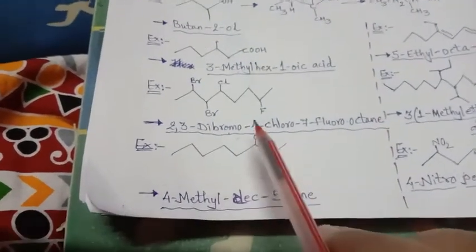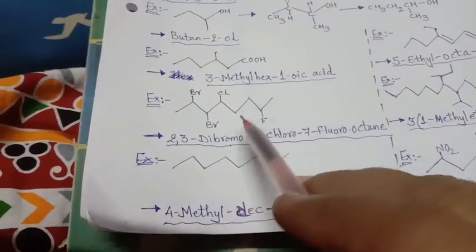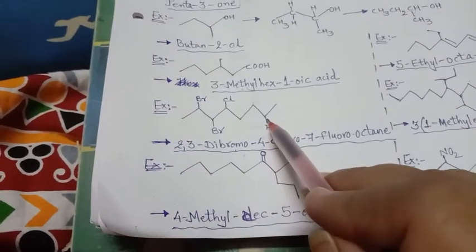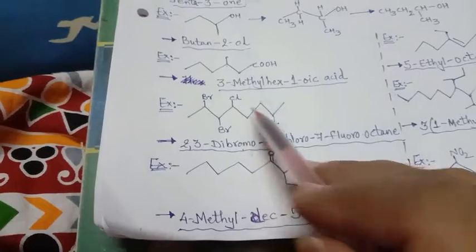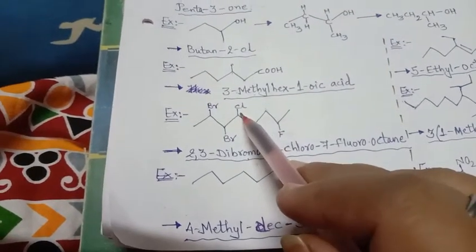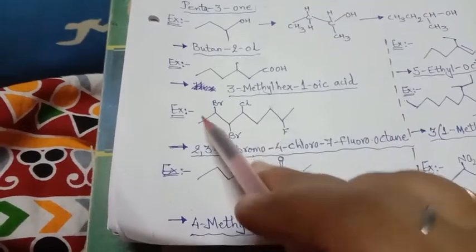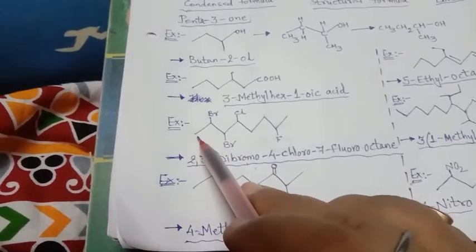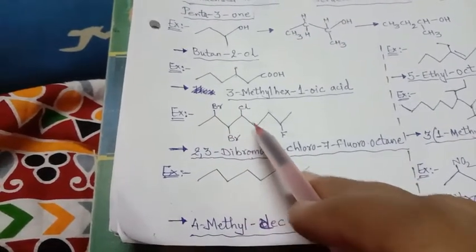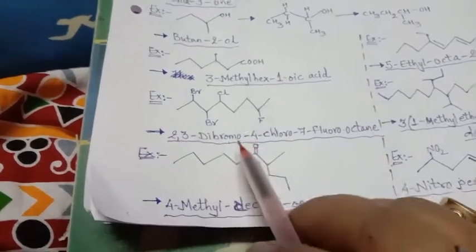Clear? Now see here. If we count from this, on second, but then 3, 4 and 5, second and 5, 6, 7. And here what will it be? 2, 3, 4. So this side gives the lowest locant. Start from here: 1, 2, 3, 4, 5, 6, 7, 8 carbons.